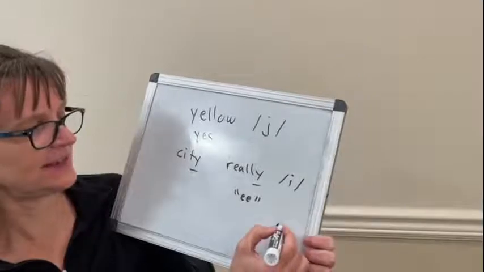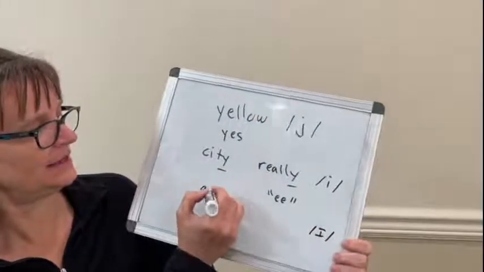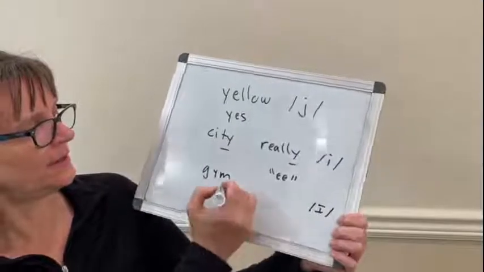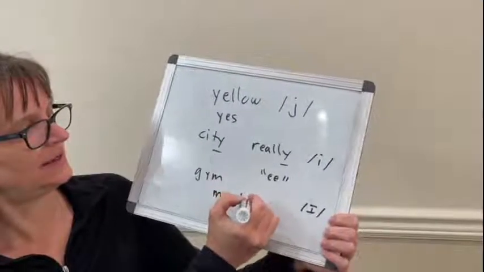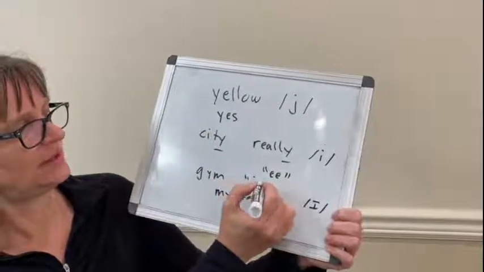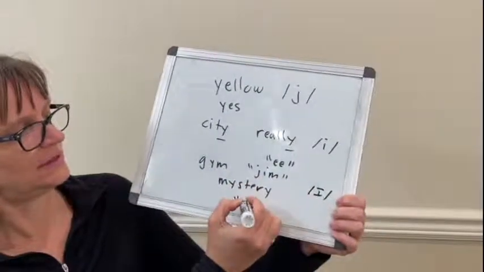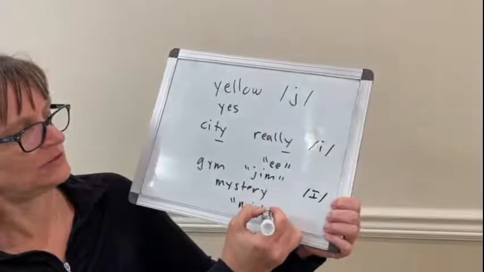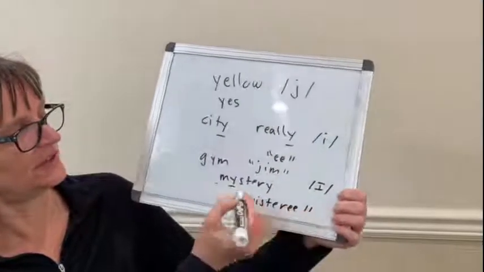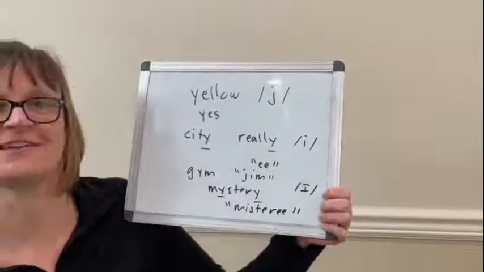And in some other words, where it's in the middle of the word, it can function as an I sound, like in gym or mystery. I would rewrite those like gym and mystery. I guess here's an example of the I and the E in one.